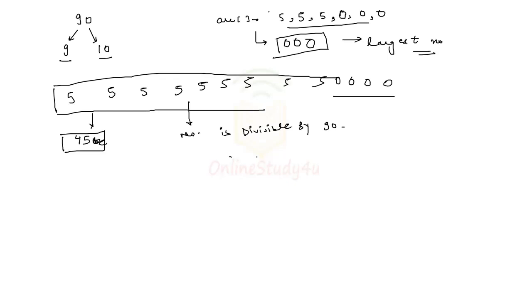Now suppose in an array you have only 9 fives, but you have 0 zeros.